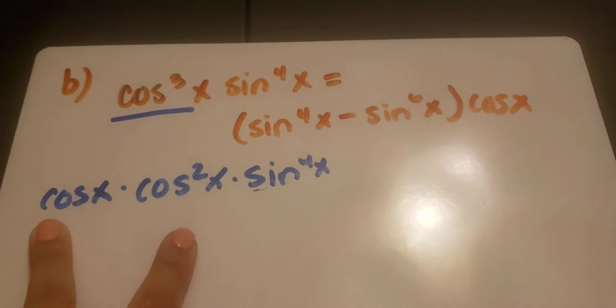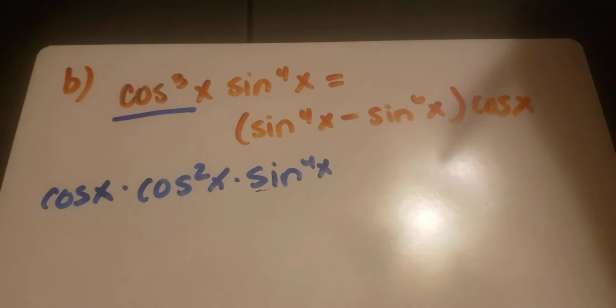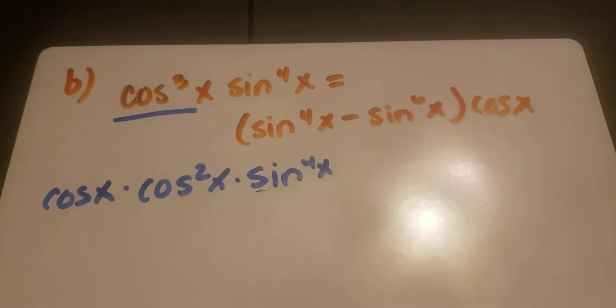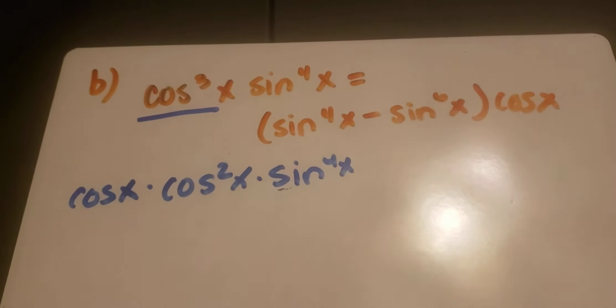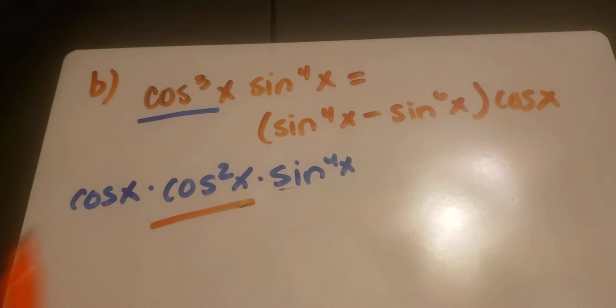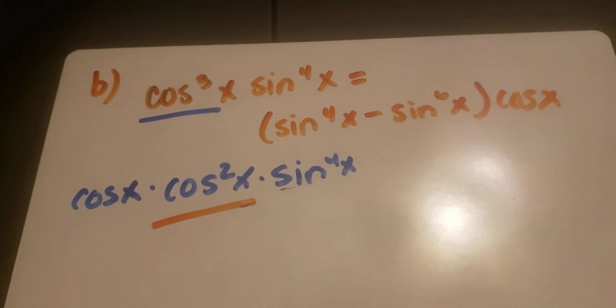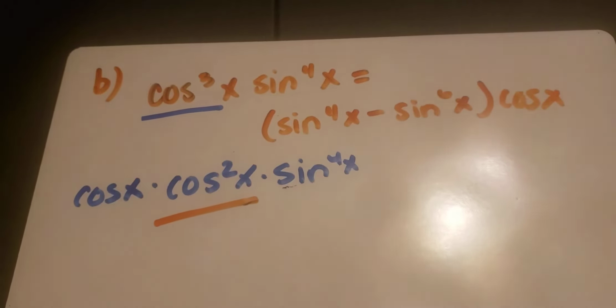Okay. Again, it doesn't matter if you work with the left-hand side or the right-hand side. You choose. It's up to you. And then I know that cosine squared of x is the Pythagorean identity. So I can use the one that sine squared of x plus cosine squared of x equals 1.